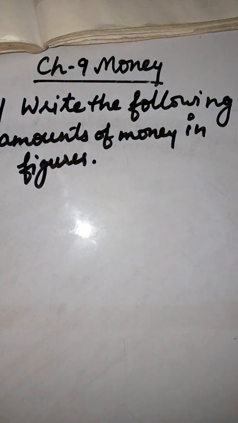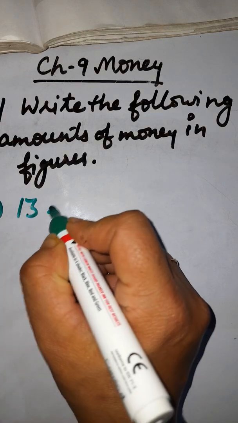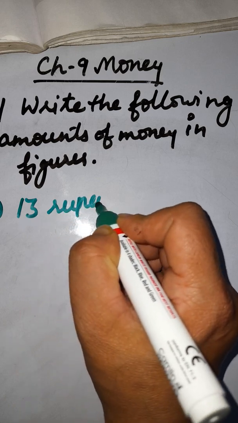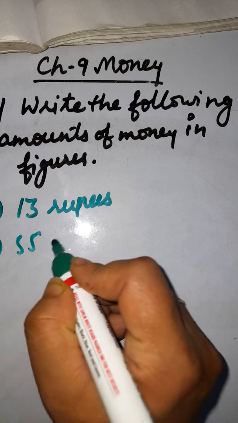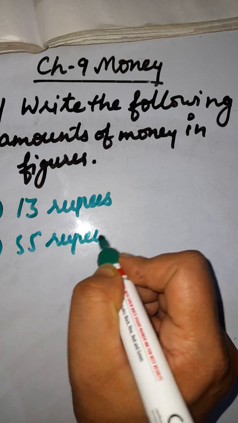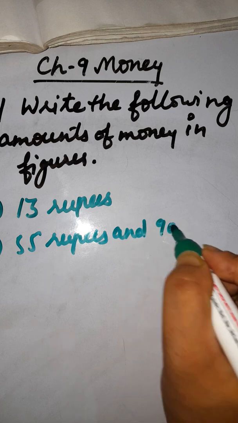Take some amounts of money here. This is 13 rupees, and B, 55 rupees and 90.